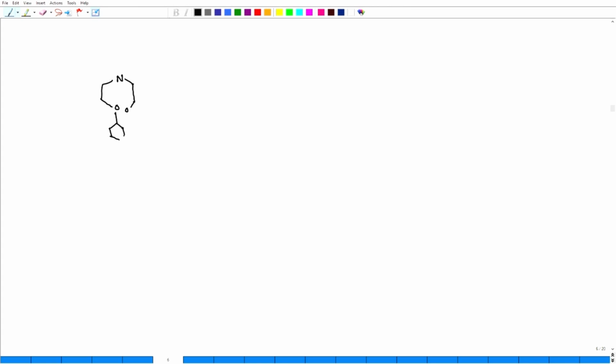Tertiary butyl, tertiary butyl. Drawing this is very difficult, but anyway, we will try.